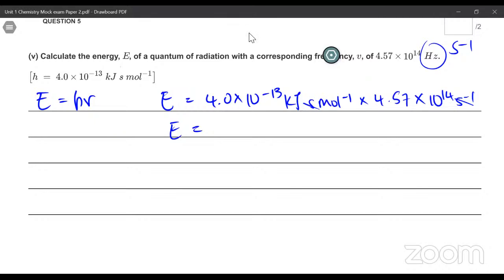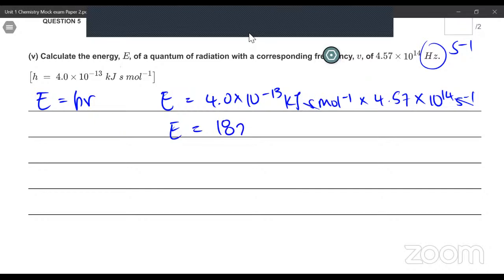You can just put 182.8 kilojoules for the energy. If you want, you can convert it to joules. That would be times 10 to the 3 or times 1,000, and you'll get joules. And yeah, that was it for that question.